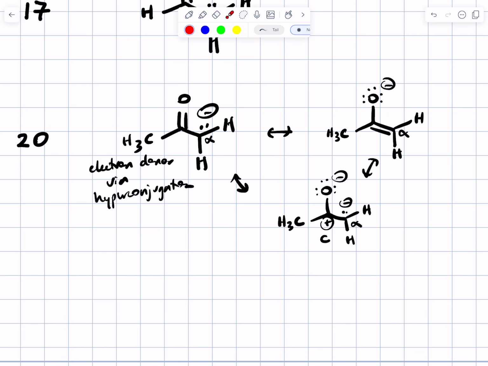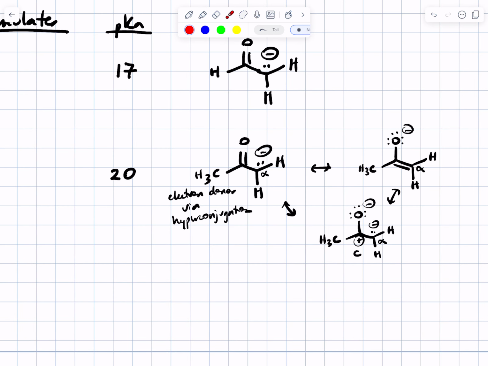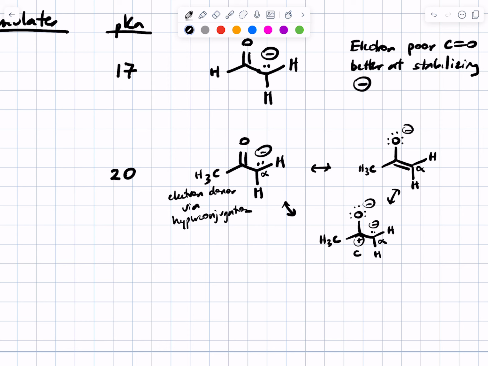In other words, we expect that electron-poor carbon-oxygen pi bonds should be better at stabilizing the negative charge on the alpha carbon.